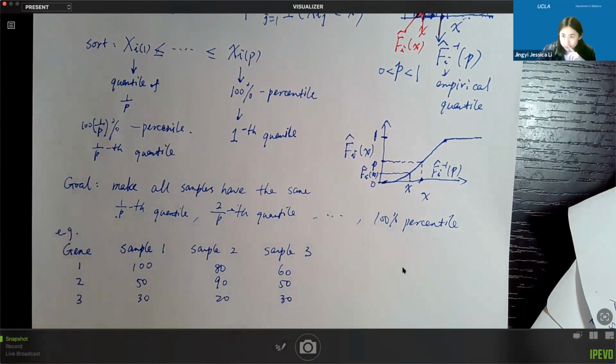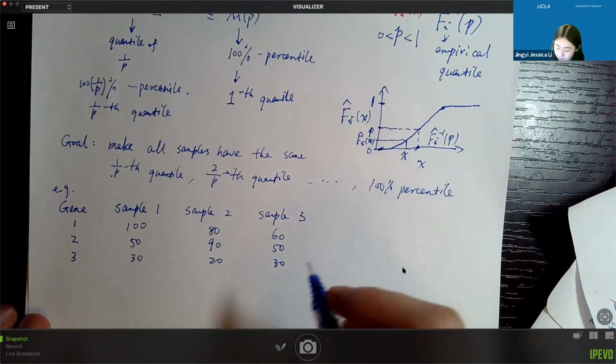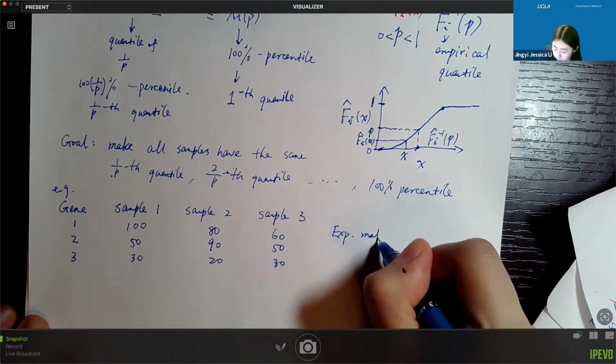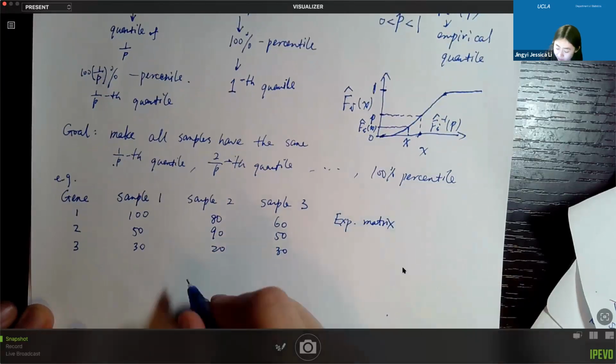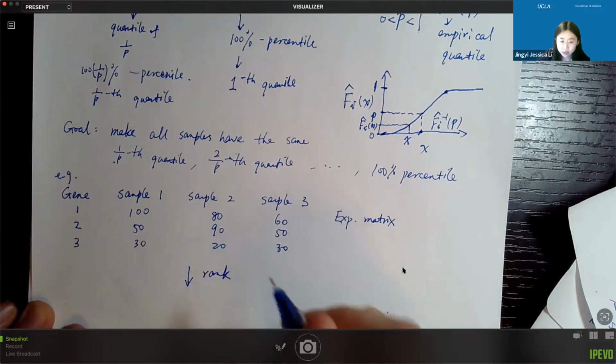Okay, so that's what I want to do. And then I'm going to keep the order in each sample. So I want to know what's the rank of each of the genes. So this is the expression matrix. What I'm going to do is to convert this to a rank matrix.